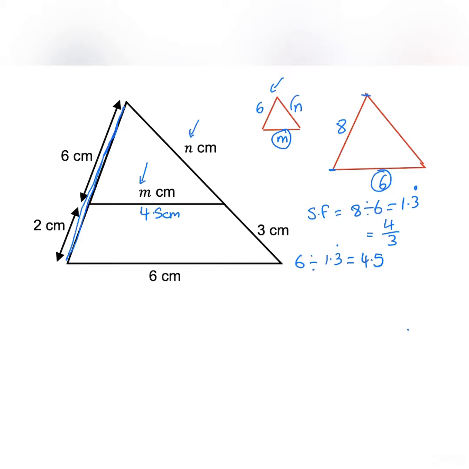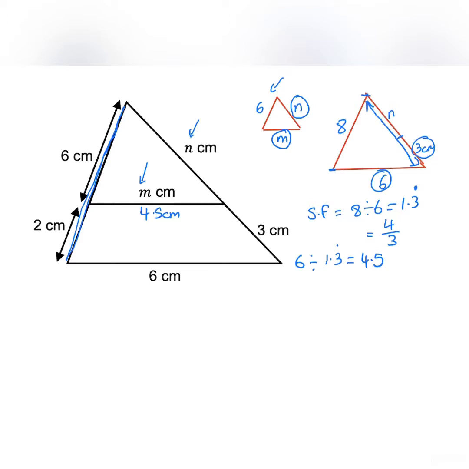So now we need to find what N is. Now N is part of this side. So that was about 3. Sorry, that is 3 centimeters. And this is N. Now, if we can find the length of the whole of this side and take away 3 from there, that should leave us with N. Now, how do we do that?